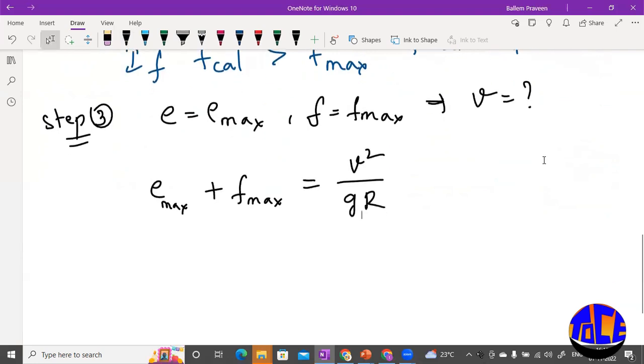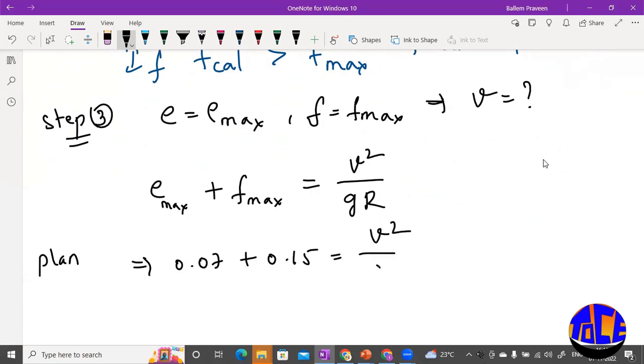If you substitute the values for a plain terrain, the E max value is 0.07 and the F max value is 0.15, so 0.07 plus 0.15 will be around 0.22. So 0.22 is equal to V square by GR.